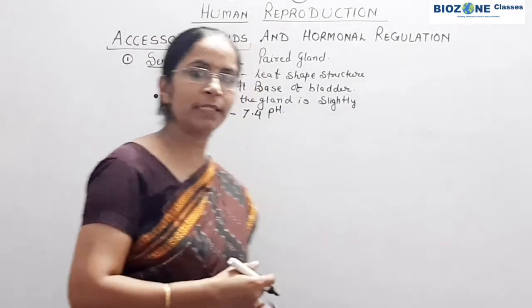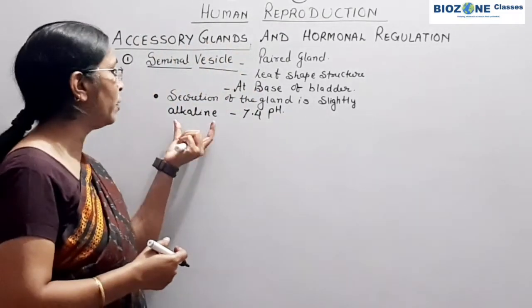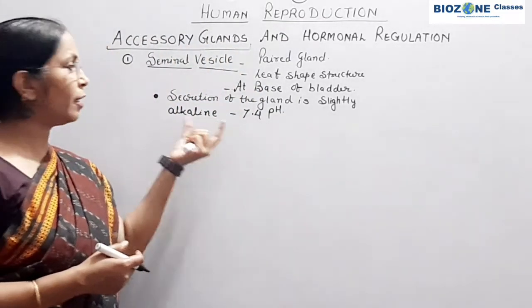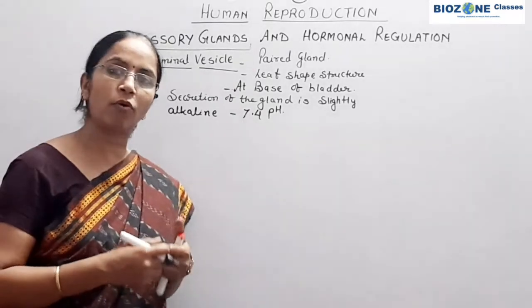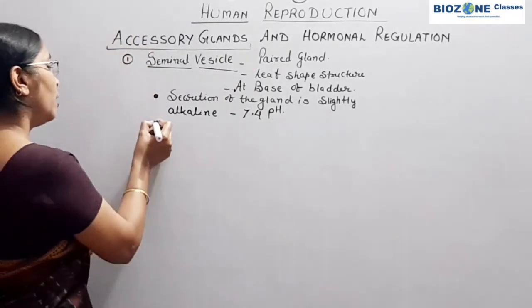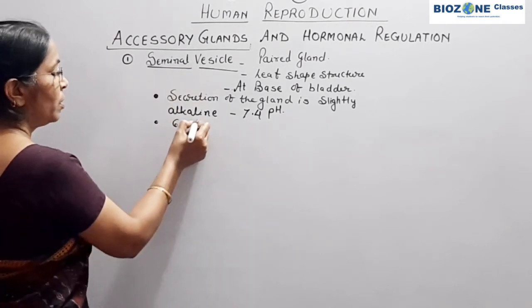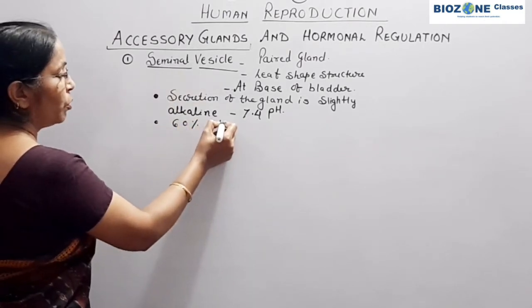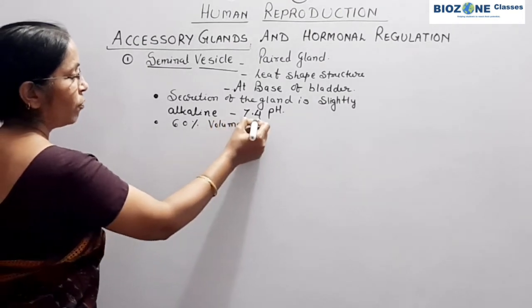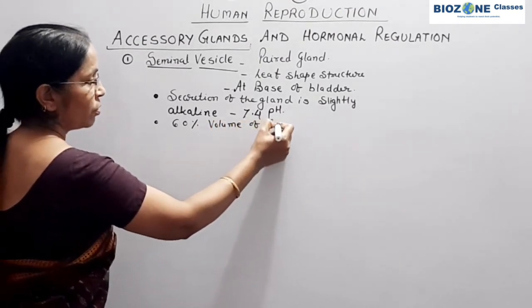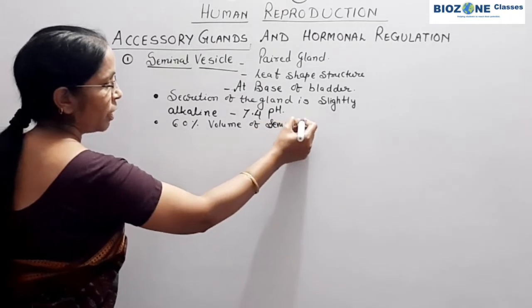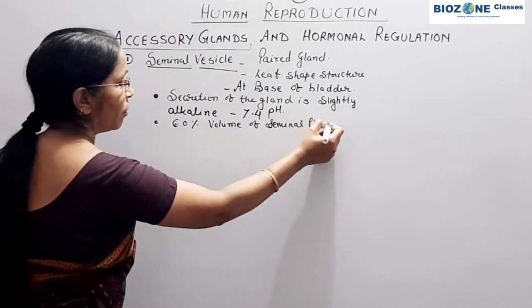The seminal vesicles release secretions that are slightly alkaline, 7.4 in pH, and the fluid of the seminal vesicle forms nearly 60% of the volume of seminal plasma. This part you remember.